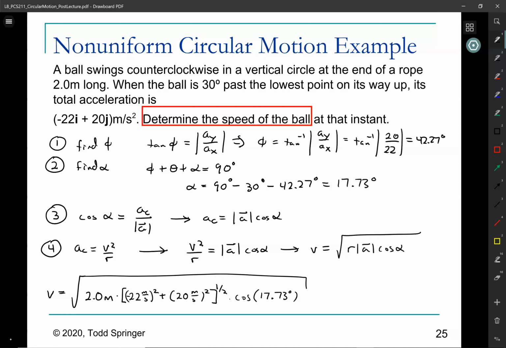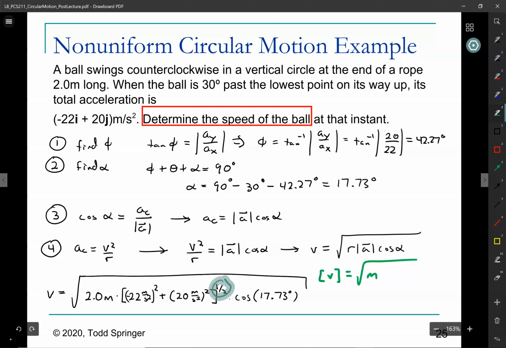Let's check the units. Sorry, I screwed up these units actually. Meters per second squared, meters per second squared. So what are the units here? The units of V? Well, under here I've got a meter, and then I've got meters per second squared, whole thing squared, but then under a square root.